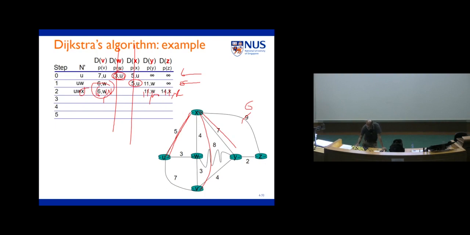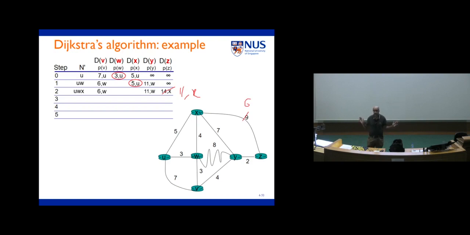So instead of 14x, this is just, let me erase everything. Instead of 14x, this is 11x, and this is 6. Okay so far? So now pick the smallest, which is V. V gets added here.